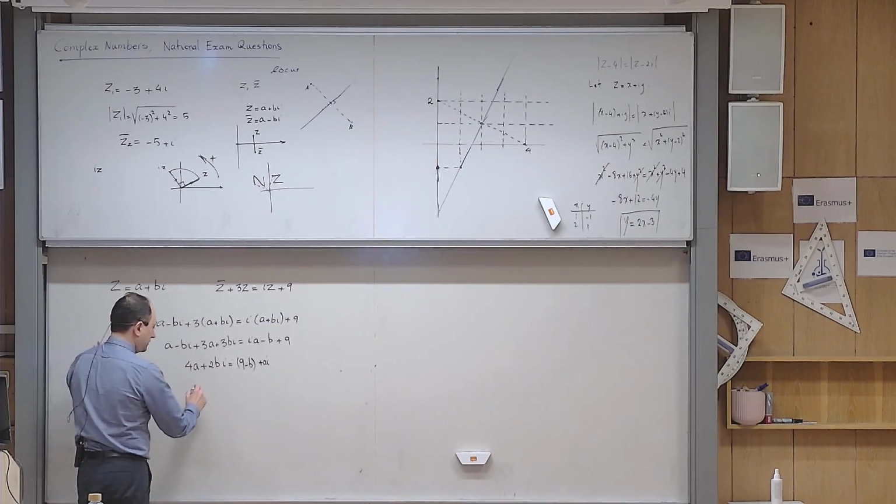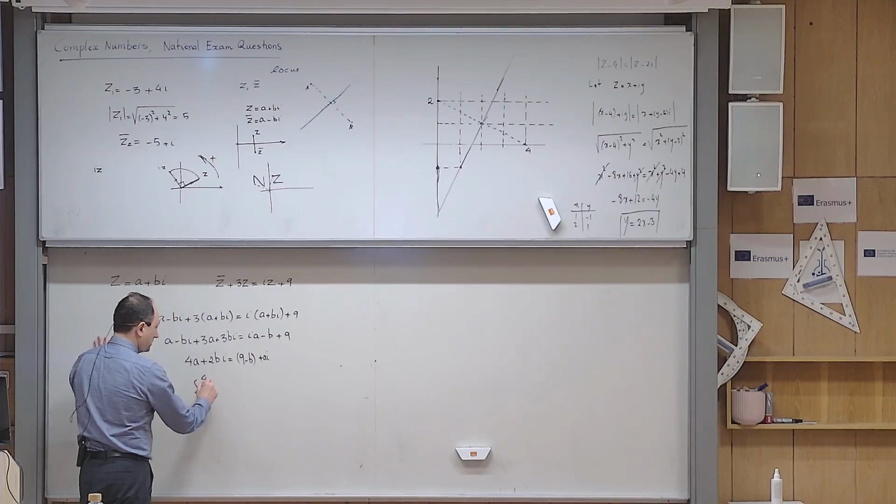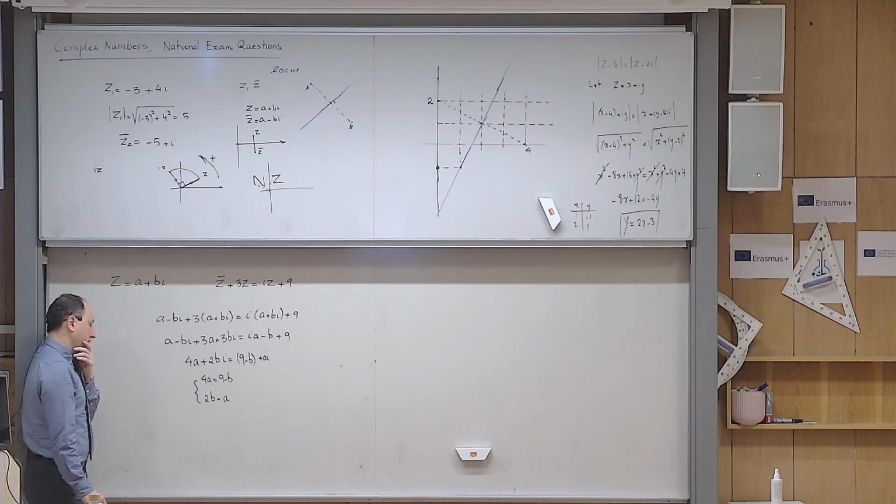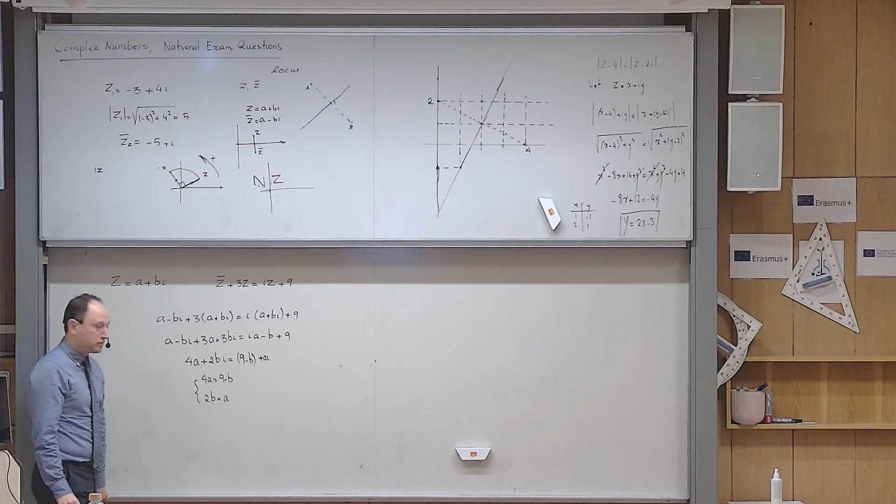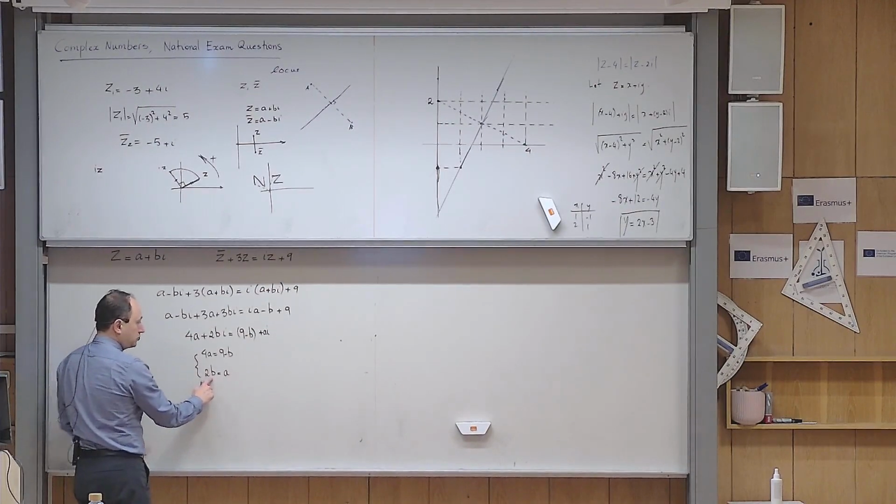This happens if and only if the real part on the left matches the real part on the right, and the imaginary part on the left matches the imaginary part on the right.